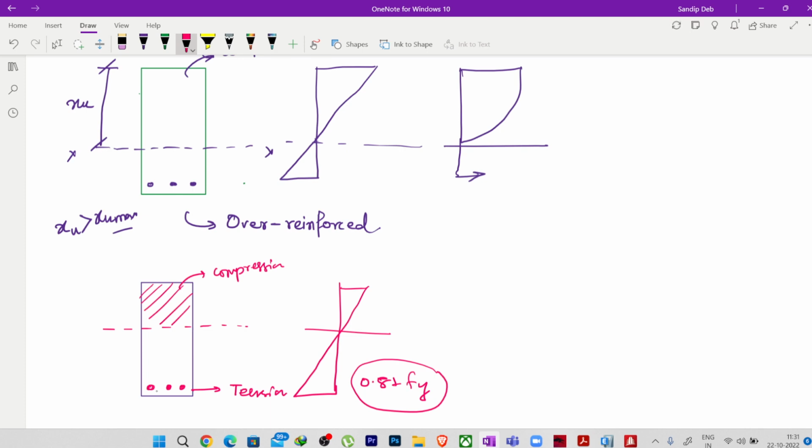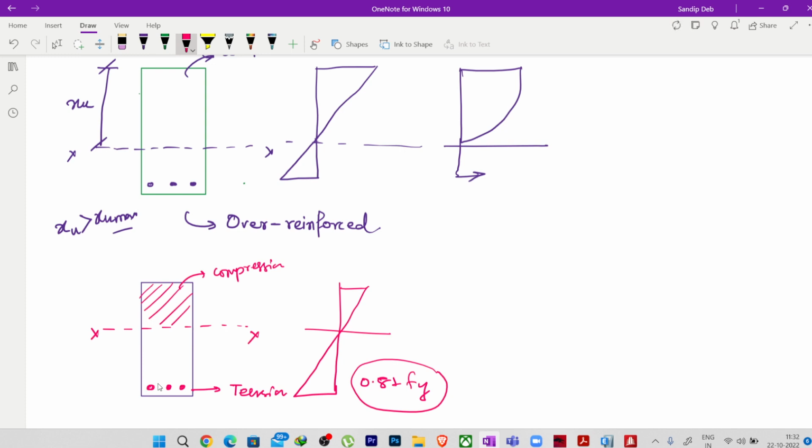Post-yield deformation will be there in the steel, so it will give you warning before failing. So you can have time to take measures to resist this failure, in terms of structural strengthening or retrofit.